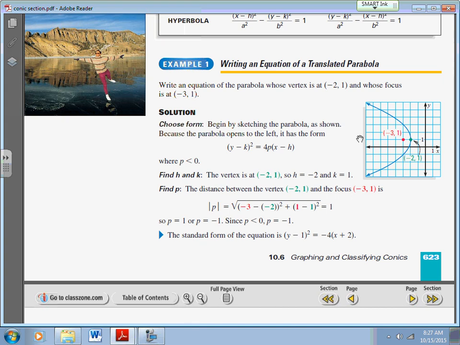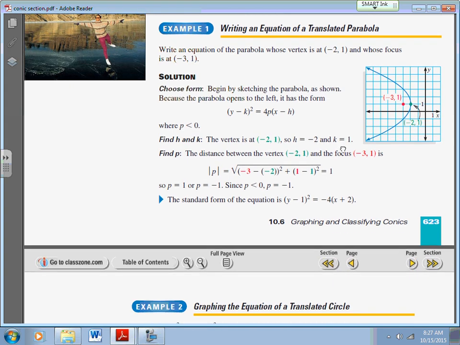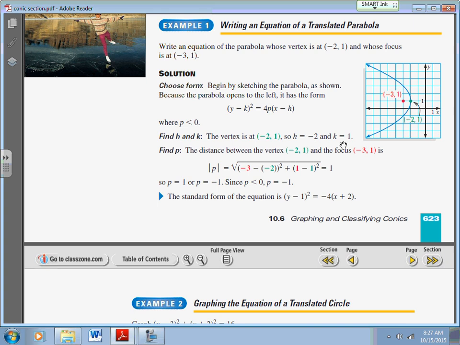Begin by sketching the parabola as shown. First, the vertex is at (-2, 1), so the h value is -2. When you plug it in here, a -2 becomes a +2. And the k is a 1, so the k becomes y minus 1.